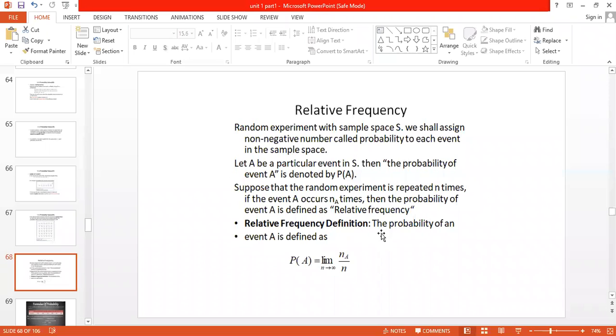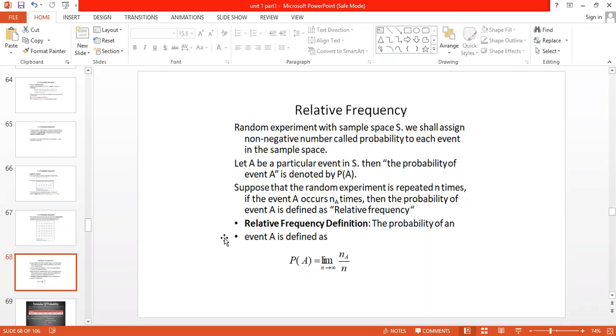The probability of A is equal to the limit as n tends to infinity of Na divided by n, where Na is the number of times the event occurred and the experiment is repeated n times. This is the definition of probability using relative frequency.